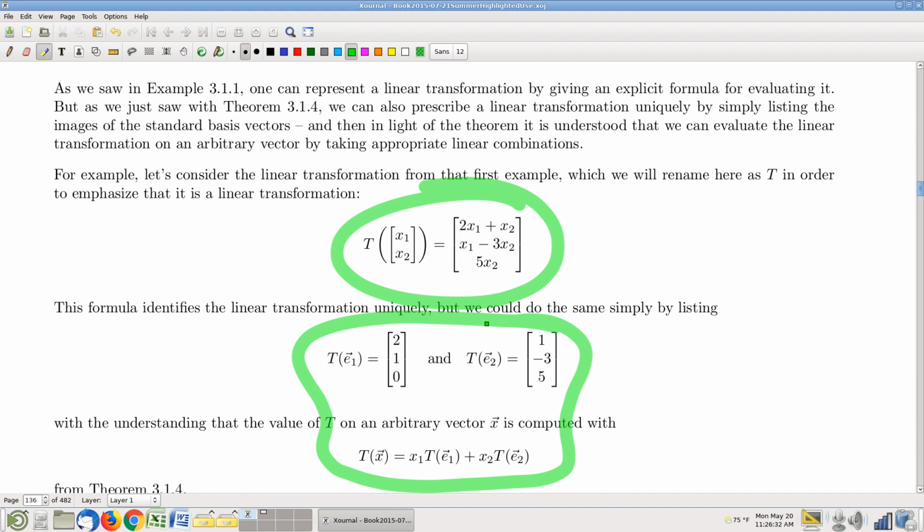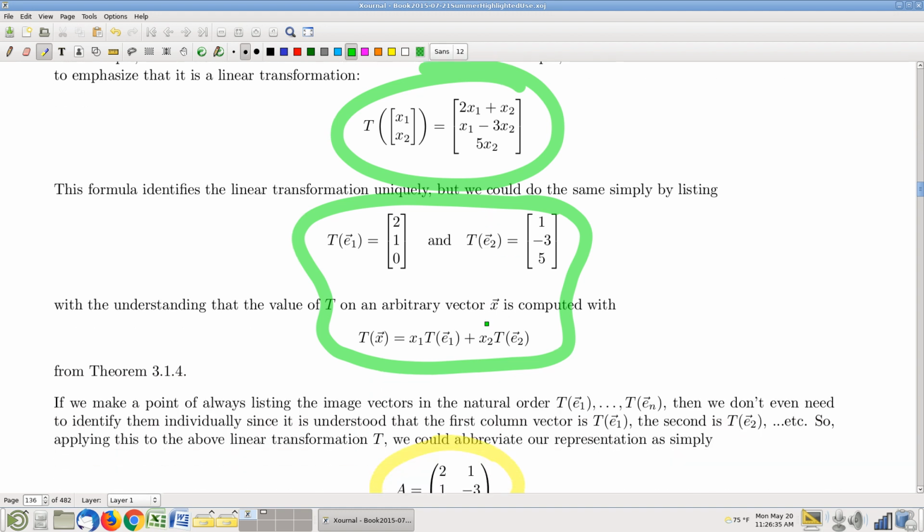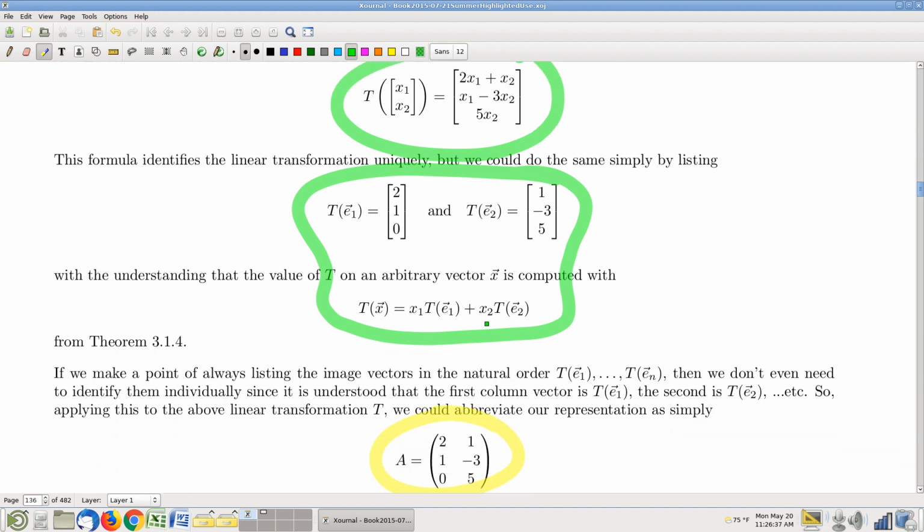All right. So this allows us to make a very nice shorthand. This is arguably less compact than what we wrote down in the first place, but this is clearly more compact than the original formula we had for the linear transformation. And the idea of the notation is this.